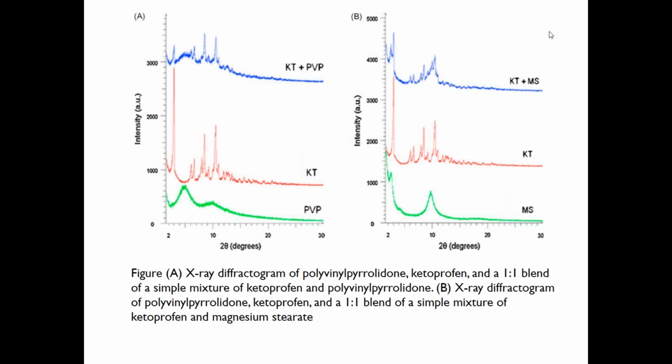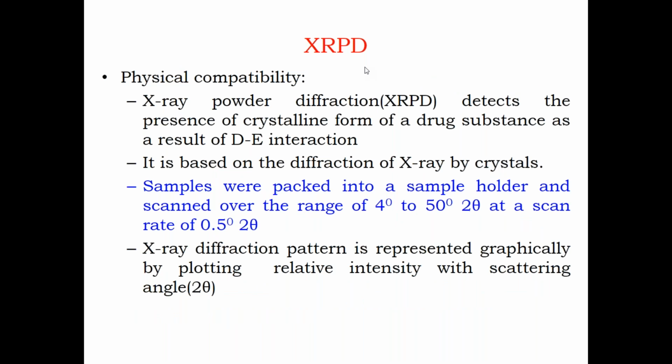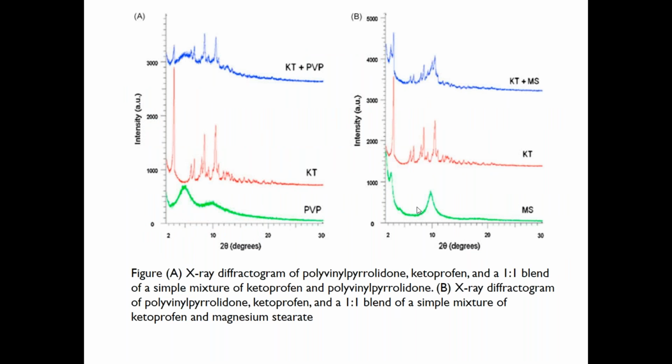This is represented graphically like this. I just took this from an internet source to explain how exactly XRD patterns look. The other short form of X-ray powder diffraction, XRPD, is XRD. Sometimes in books you see XRD, where powder is removed, X-ray diffraction technique. It's one and the same. So look at this graph.